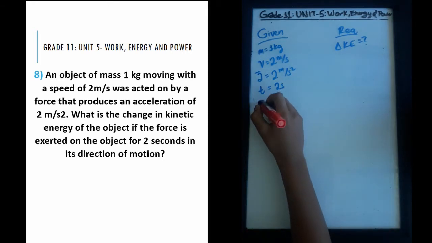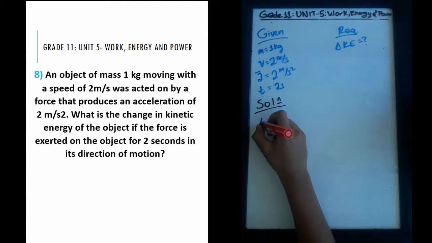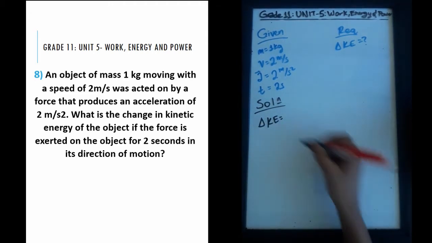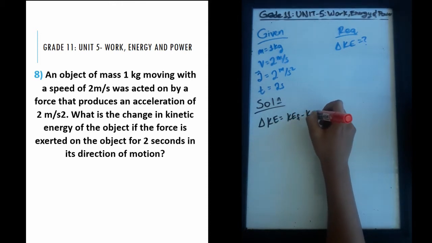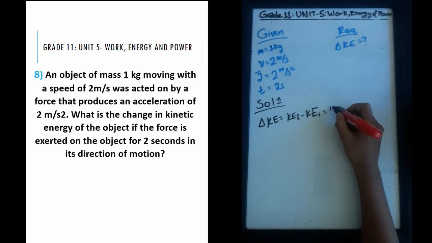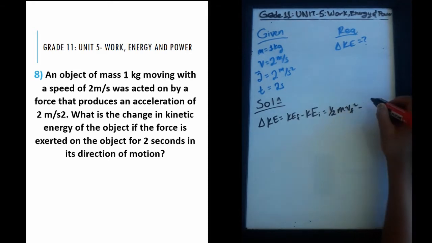For the solution, let's write the formula of change in kinetic energy. Whenever you see something that says change, usually all you have to do is subtract the initial value from the final value. So if you know the formula for kinetic energy, that would be half m v final squared minus half m v initial squared.